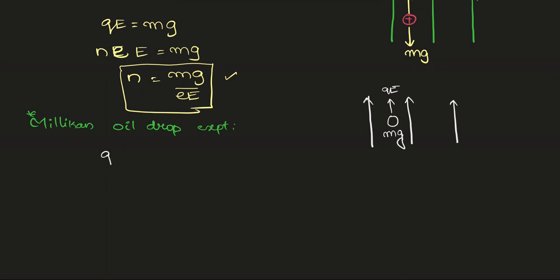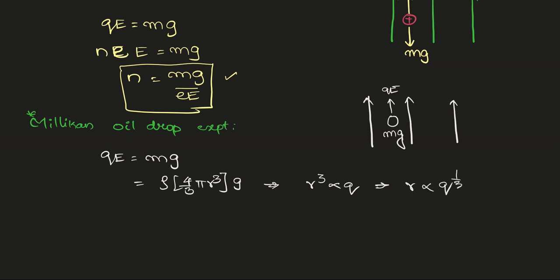If I want to derive that here, QE is equal to m into g. As the charged oil drop is spherical in nature, mass is density into volume, and the volume of a sphere is 4/3 pi r cube, into g. From this, all other parameters are constant, so r cube is proportional to q, or else r is proportional to q to the power of 1 by 3. So you can expect some comparison based questions on this by giving radius as well as charge.